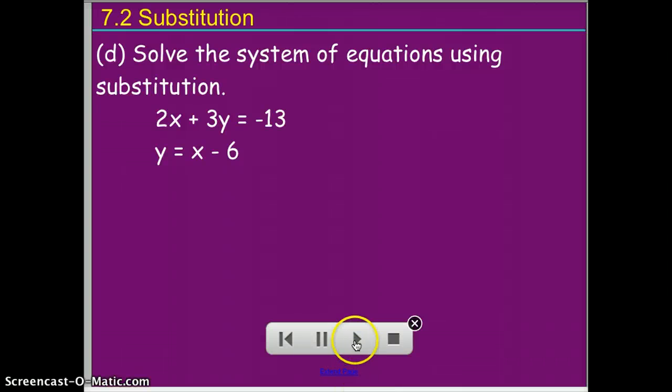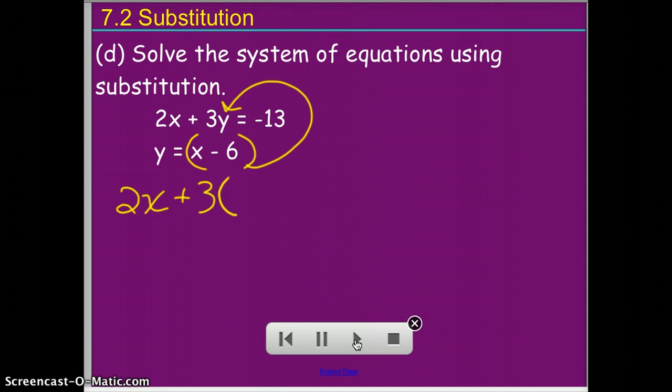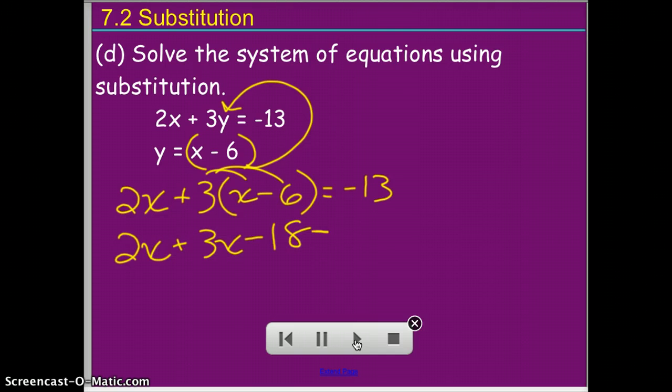After you completed the system, you should have done the following. Substitute x minus 6 in for the y. Distribute the 3. Combine like terms.